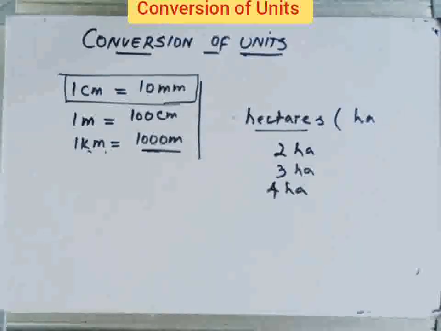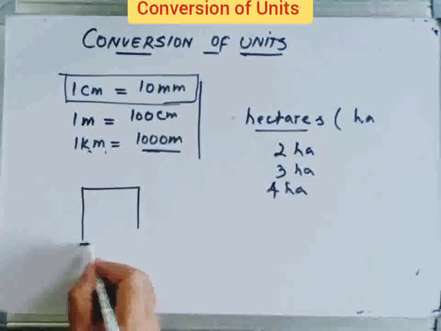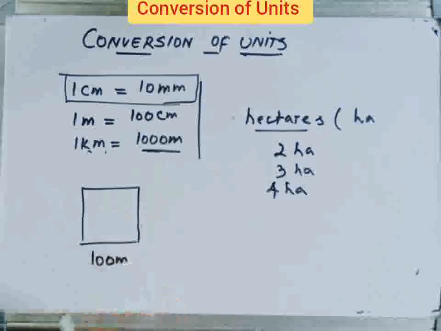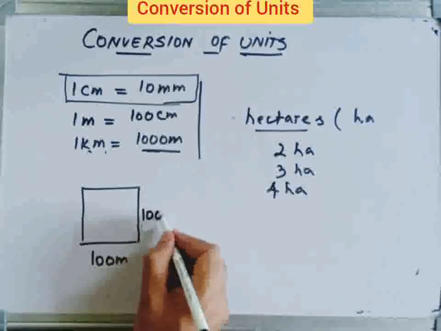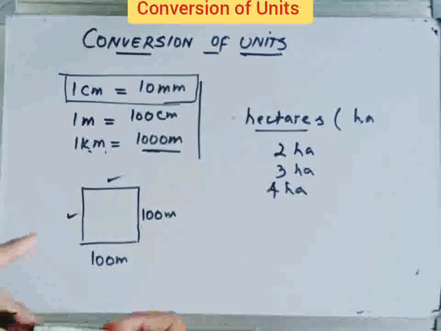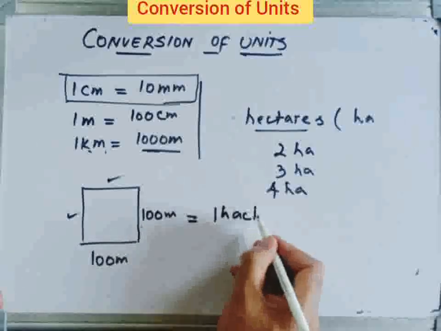Do you know how much 1 hectare is equal to? Say for example this is a square land, each side is 100 meters. This side is 100 meters, this also 100 meters, and this also 100 meters. This is equal to 1 hectare.